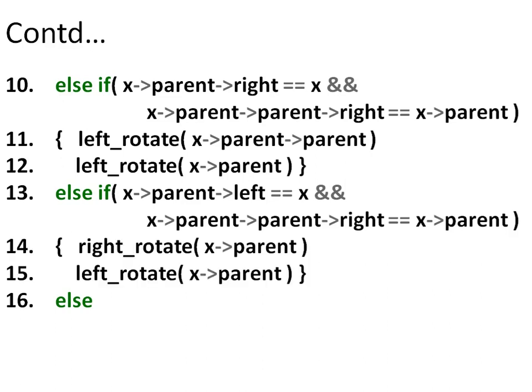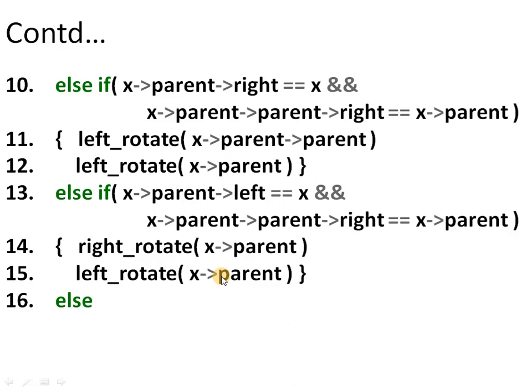So the moment I perform right rotation at the parent of x, after this rotation, x will become the new right child of the grandparent, or in other words, the parent pointer of x will be updated to the grandparent now. So now we have to again perform left rotation at the parent only.